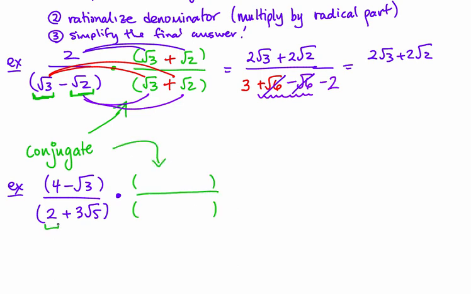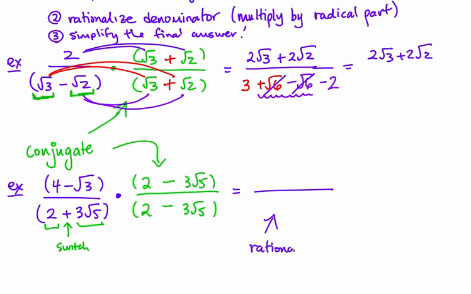And we build that by taking these pieces, so 2, that's the first piece, this piece, 3 root 5, and switch this sign, minus and minus. And this form of conjugate will always produce a rational denominator. So this will be rational once we have worked it out.